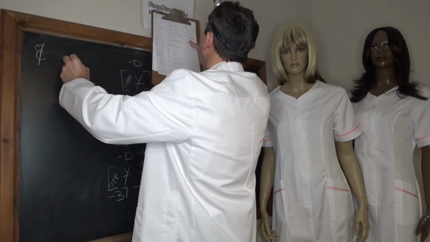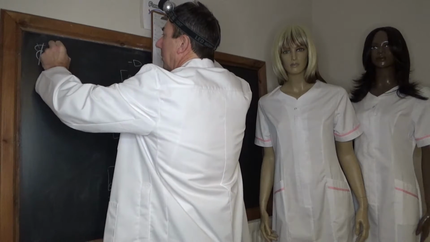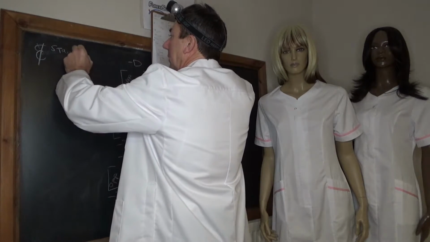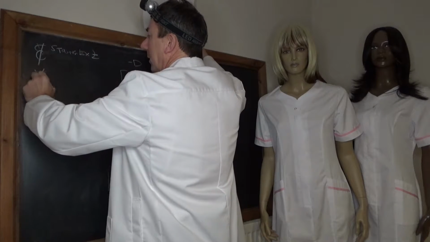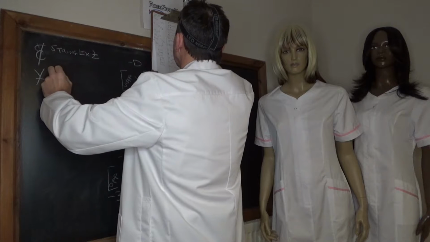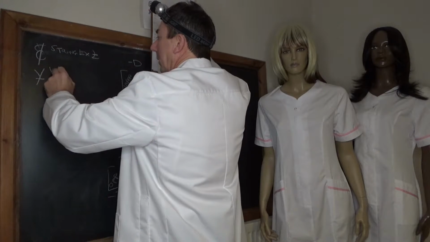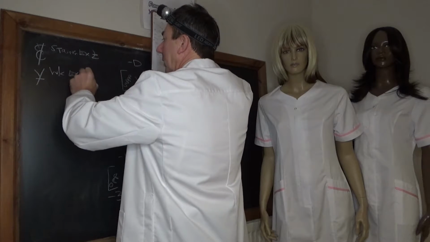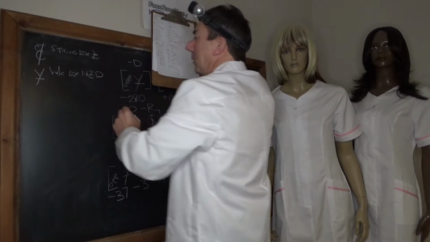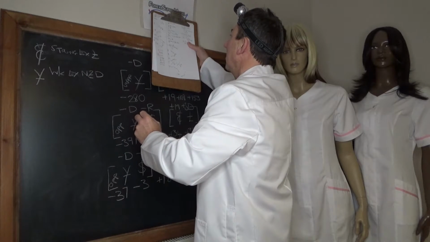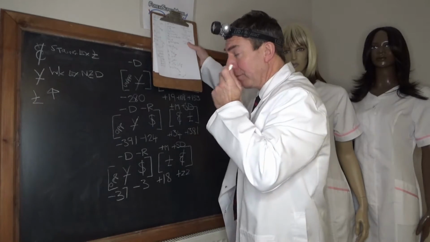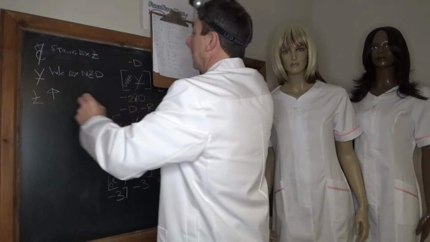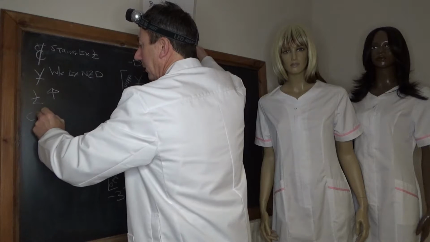The euro complex is strong at the moment, except against the pound. The yen is weak, except against the New Zealand. The pound is strong across all 7 pairs. The Swiss franc is mixed.